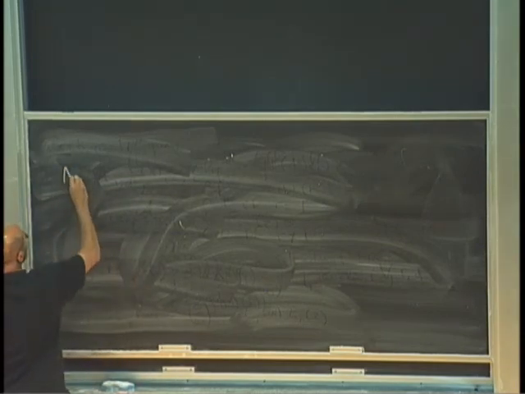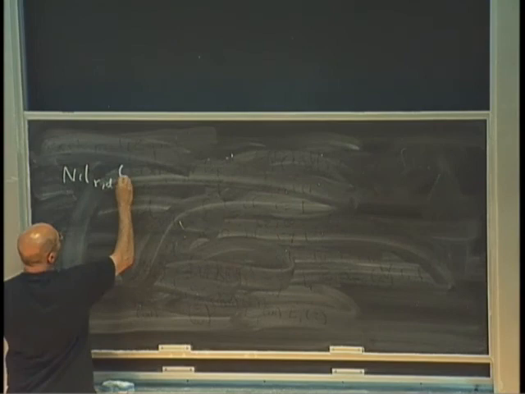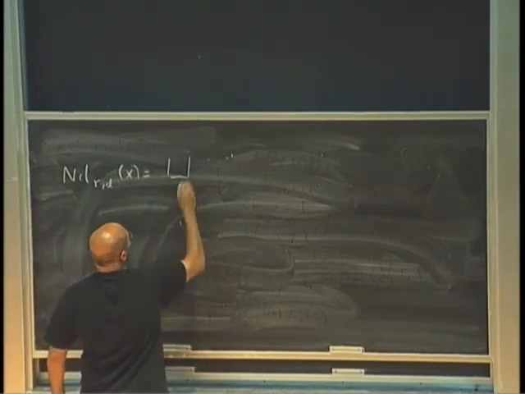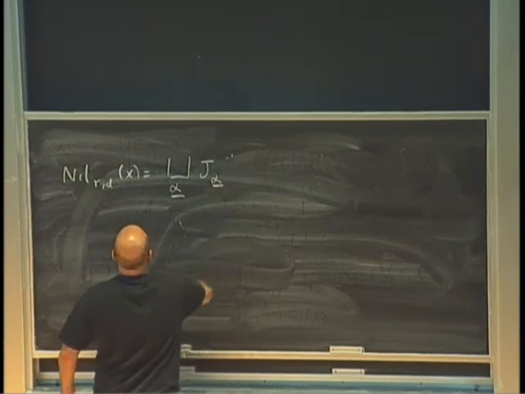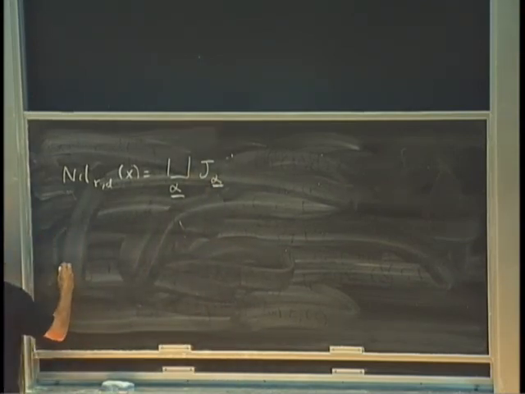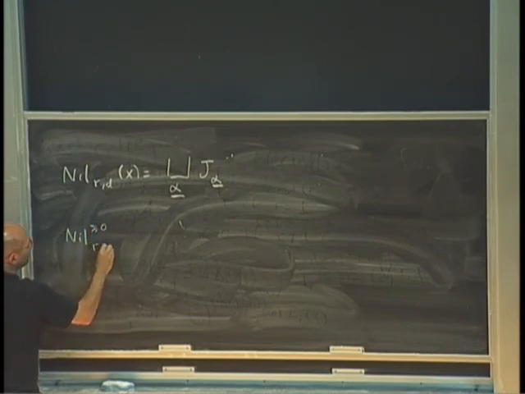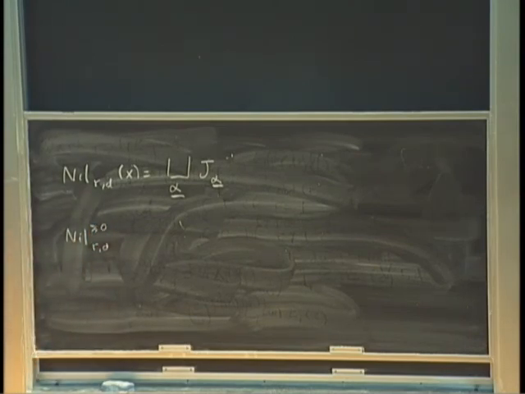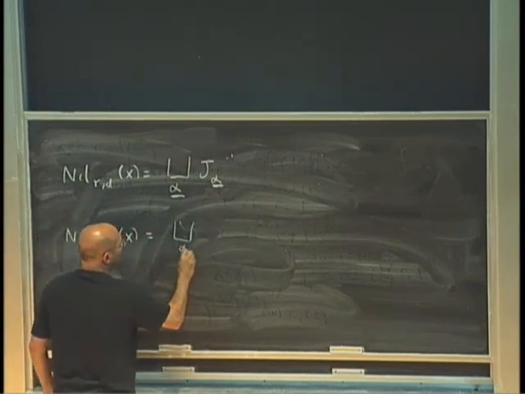So Nil_{R,D}(X) is a partition by all Jordan forms of theta. And what you're interested in is really Nil_{R,D,≥0}, which is the set of pairs where F is in this category of coherent sheaves. And so this also admits a partition.